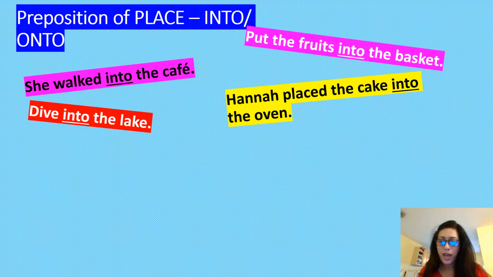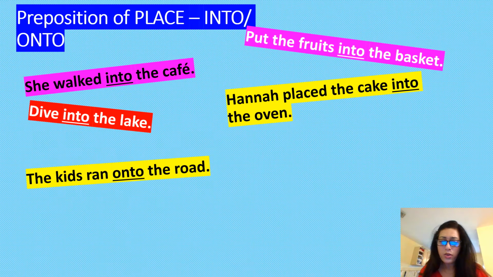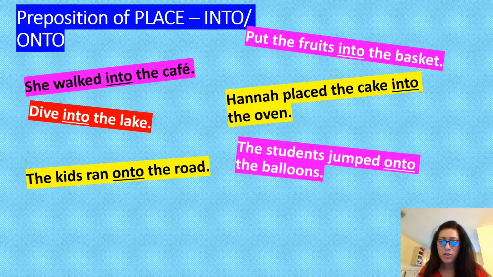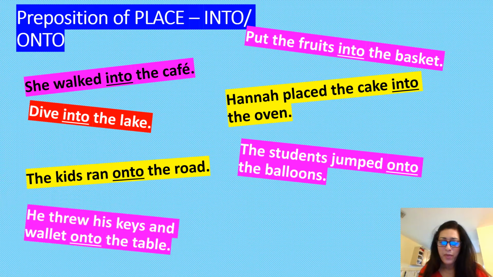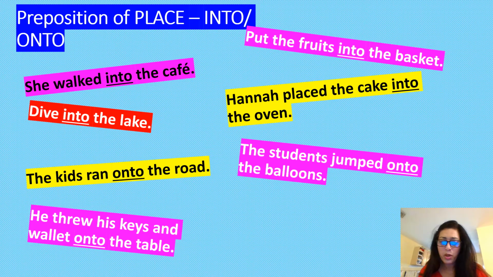Hannah placed the cake into the oven. The kids ran onto the road. The students jumped onto the balloons. He threw his keys and wallet onto the table. So you know the difference now, right?